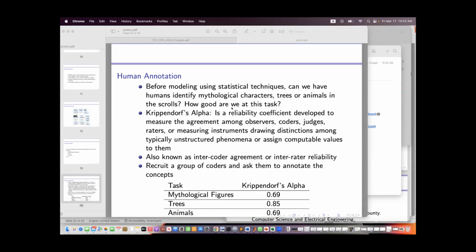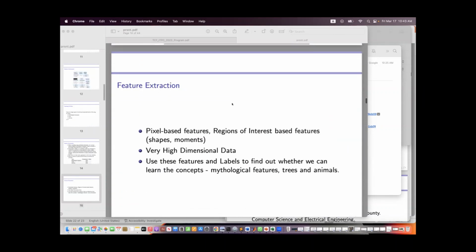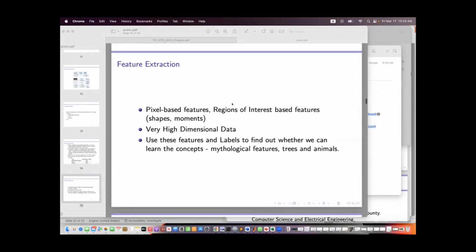So learning the concept of mythological figures was really hard. But it was much easier when we tried to learn trees. And surprisingly, animals were difficult to detect as well. So in terms of feature extraction, what we did was we basically relied on pixel-based features. We also tried to extract regions of interest.